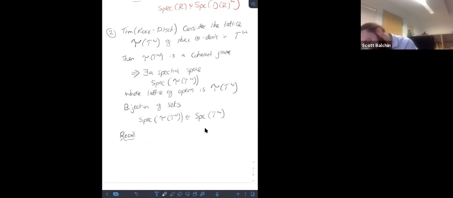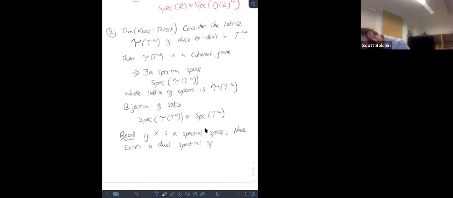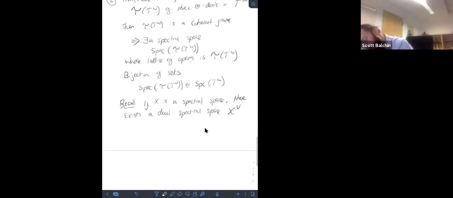So recall, or learn if you haven't looked at spectral spaces so much: if X is a spectral space, as both the Balmer spectrum and this space here are spectral spaces, there exists a dual spectral space, or inverse spectral space, X check. This is usually called the Hochster dual.